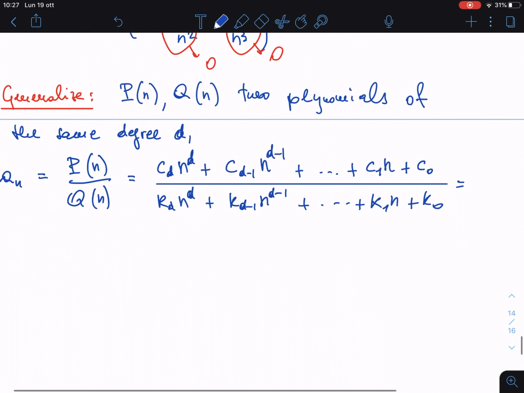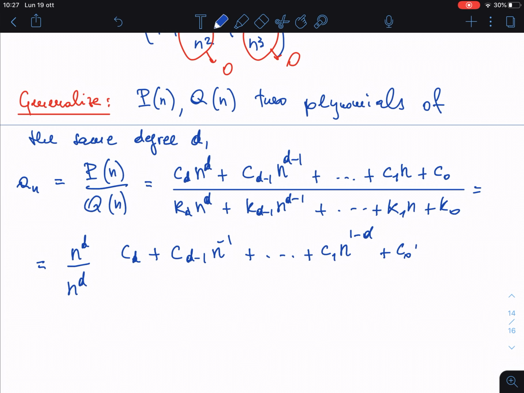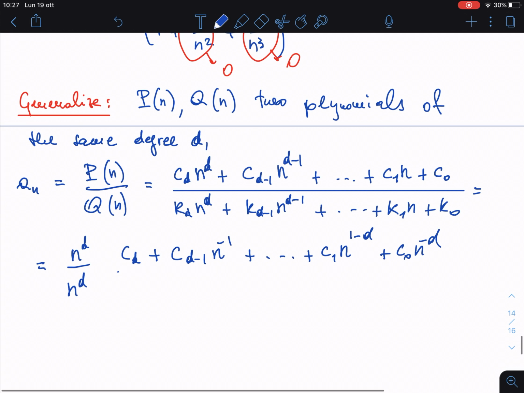So we act like in the explicit example. We collect out the highest degree power from numerator and denominator, and then we end up with c_d plus c_{d-1} n to the power minus 1 plus many dots plus c_1 n to the power 1 minus d plus c_0 n to the power minus d. The same thing holds for the denominator.